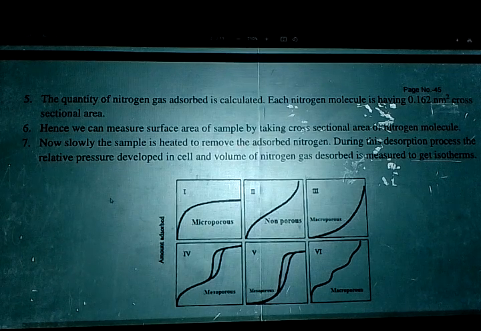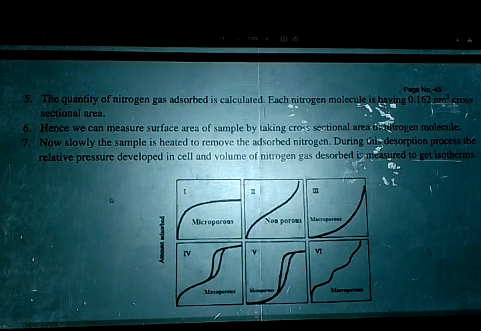Now we don't want any nitrogen gas on our sample. So to remove the nitrogen gas, what do we have to do? Heat the sample. When you heat the sample, whatever nitrogen gas adsorbed will get removed.